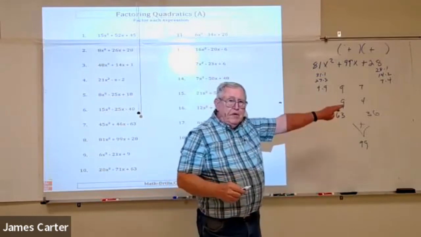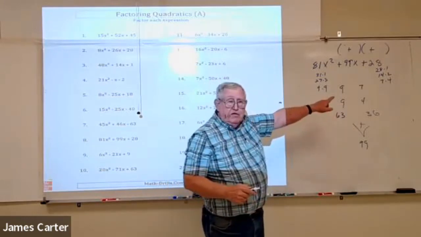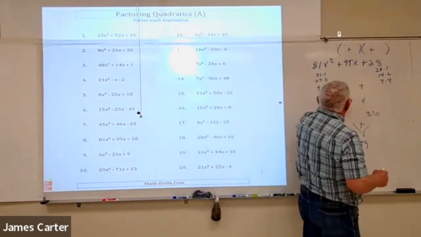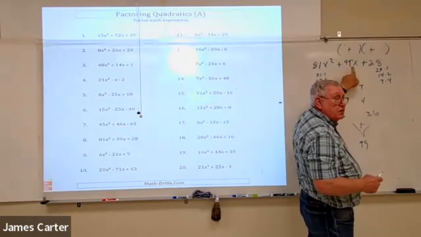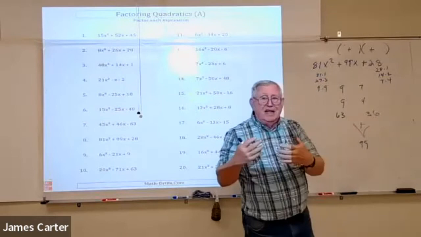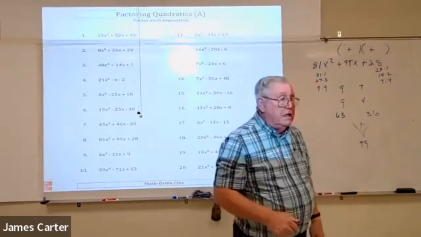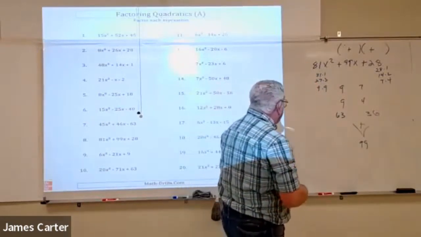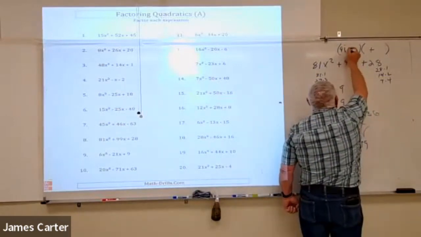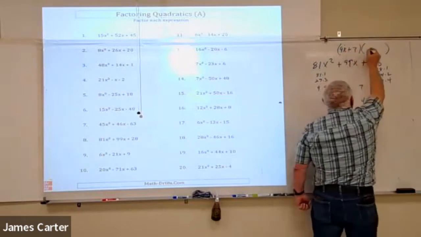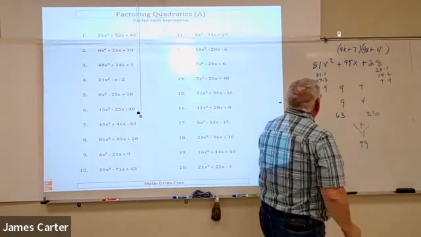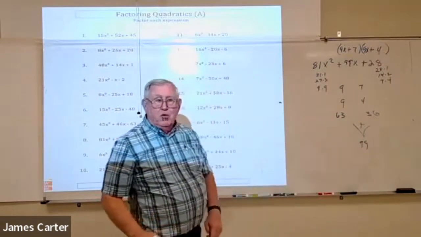Now, did you understand my reason on why I tried the 7 and 4? Because these other two, if I multiply it times 9, would give me too big a numbers. So I did a little bit of elimination there in my head. Well, what does my answer look like? 9x plus 7, 9x plus 4. All that big nasty thing to come down to looking something no worse than that.